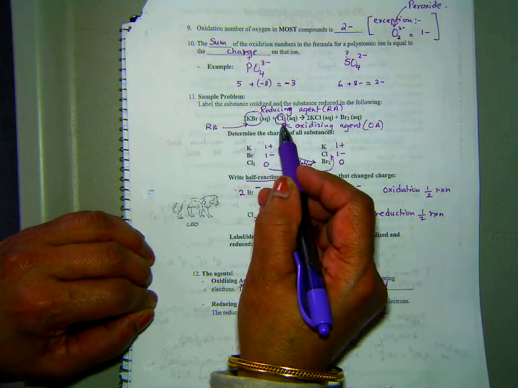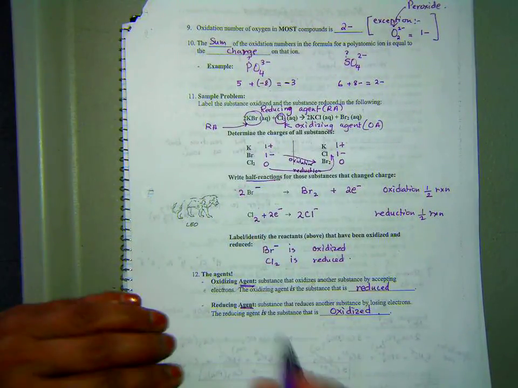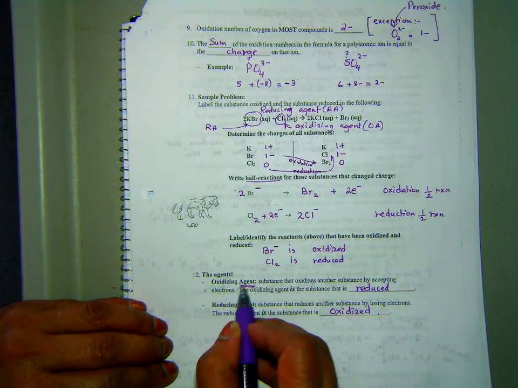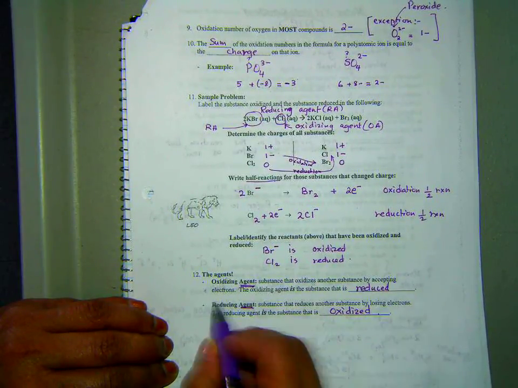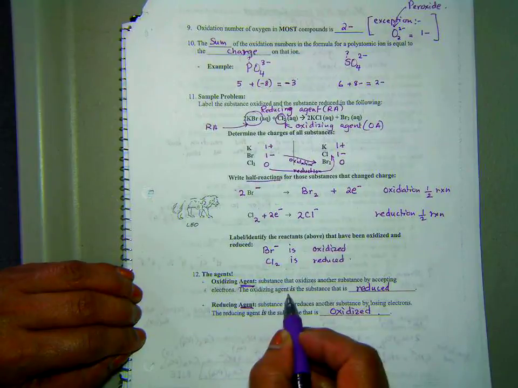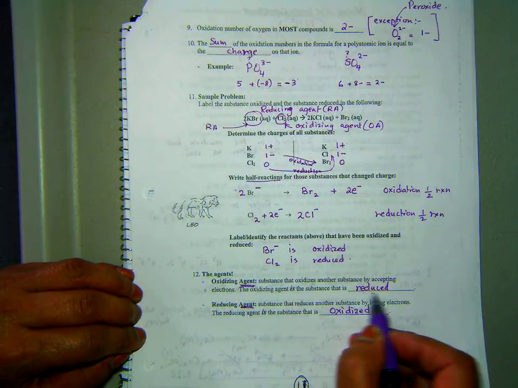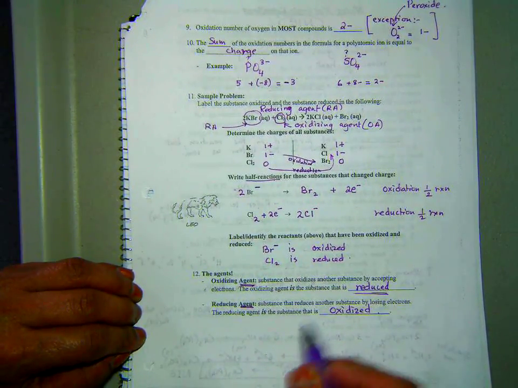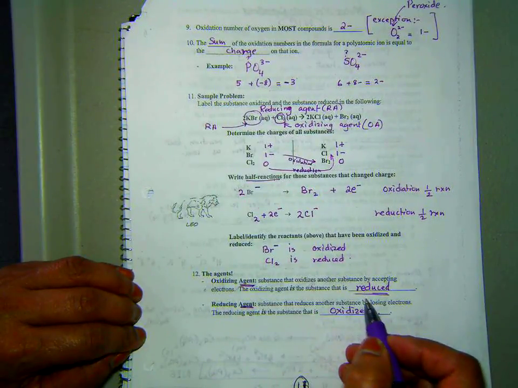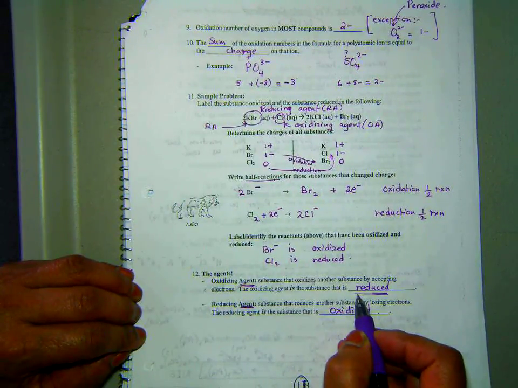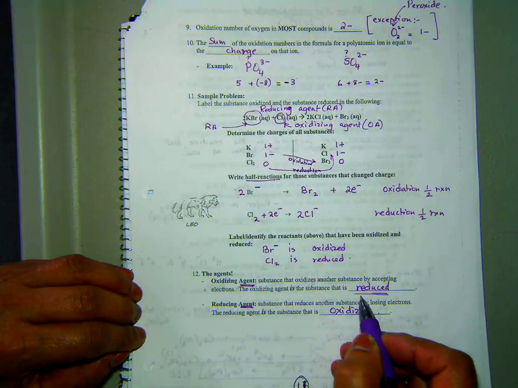Okay, right. So the oxidizing agent is the substance that oxidizes another substance by accepting electrons. The oxidizing agent is the substance that is reduced. So remember that. It's like a singer or a dancer in Hollywood, they have agents, but the agent does not sing or act, right?